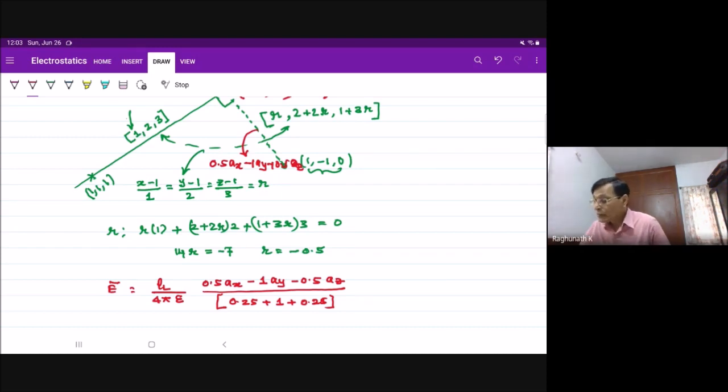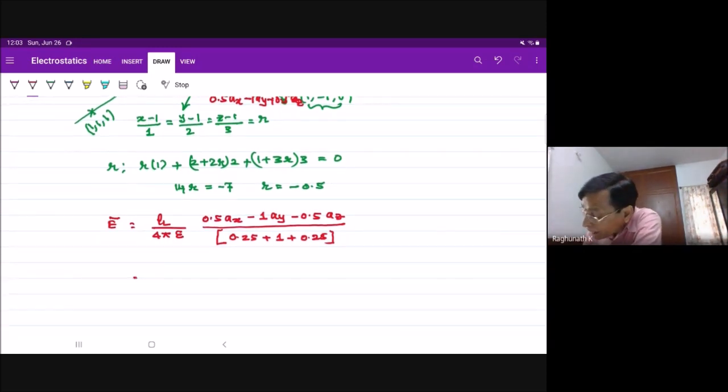Because of which the field intensity at that point is, for a given rho L and for a given medium, rho L by 4 pi epsilon into 0.5 by 1.5, which is 1 by 3 AX minus 2 by 3 AY minus 1 by 3 AZ.